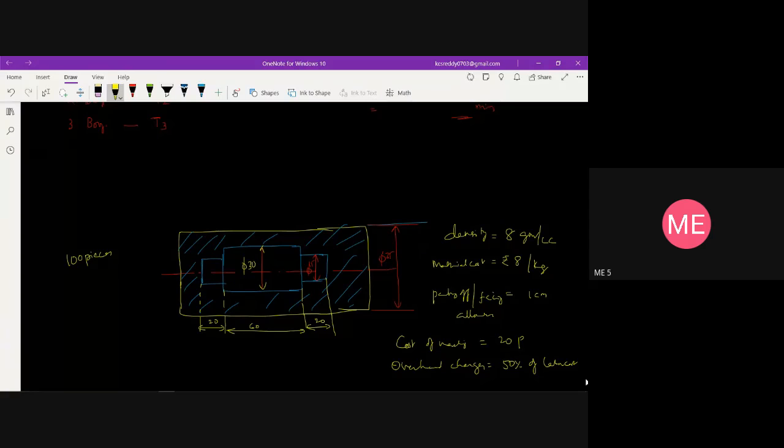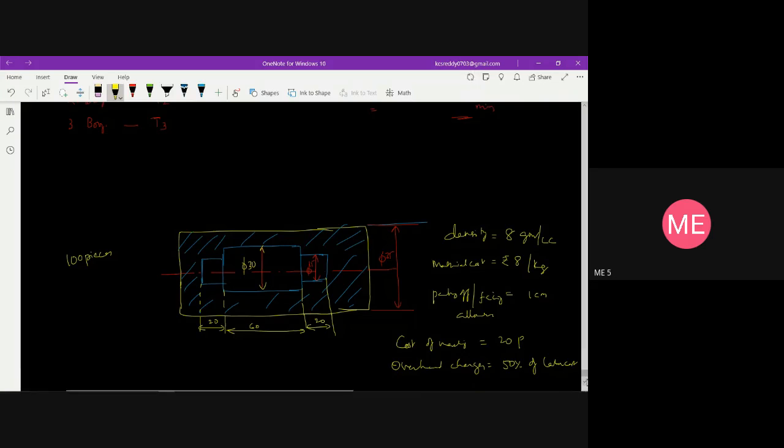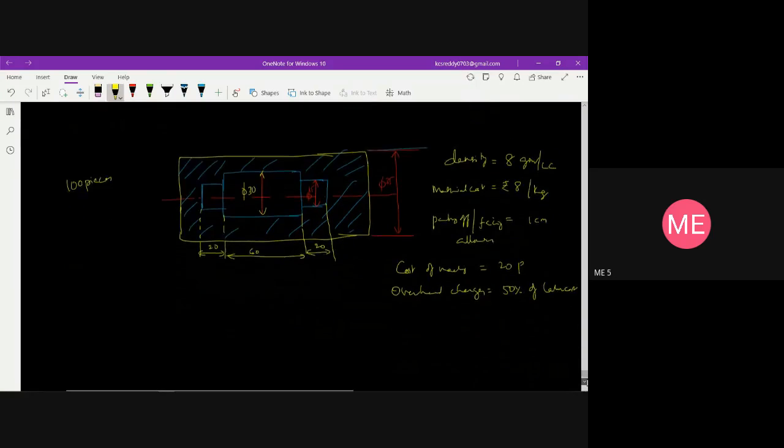So from this, for the piece we need to make, this is the facing allowance which you are going to take as parting off allowance. We can take it as 1. The parting allowance is going to be taken as 1 centimeter.